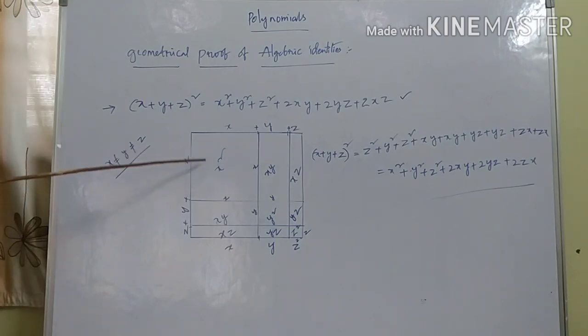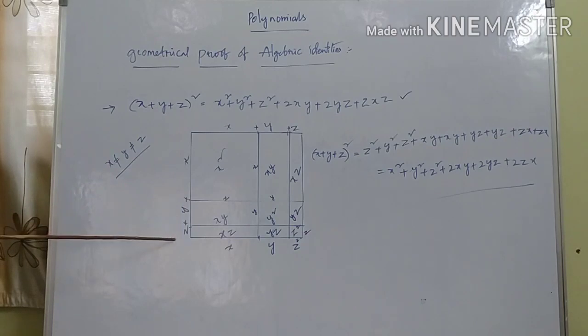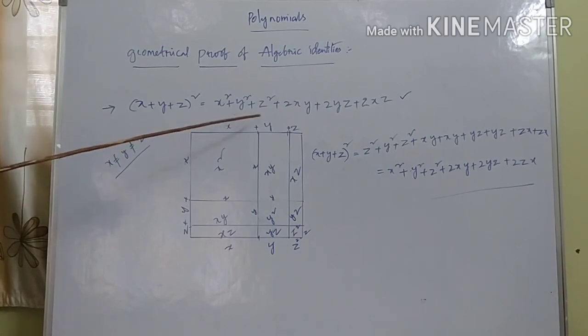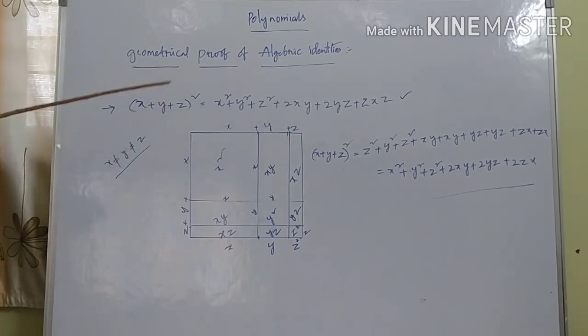Similarly, the length of this side is x plus y plus z. So the area of the total square is the length of the side into the length of the side, that is a square. So x plus y plus z whole square.